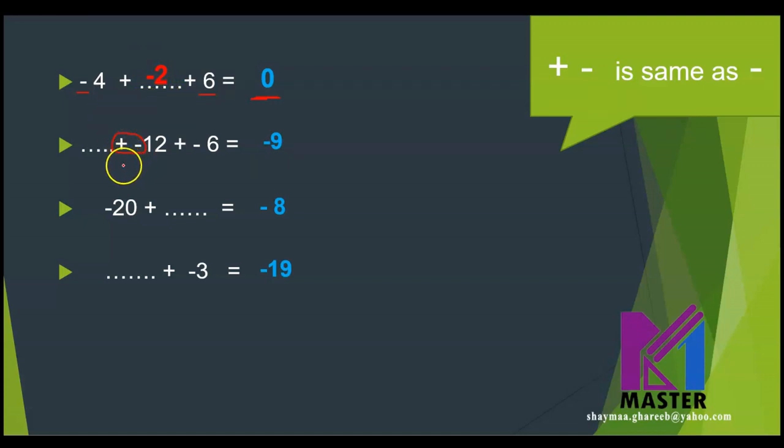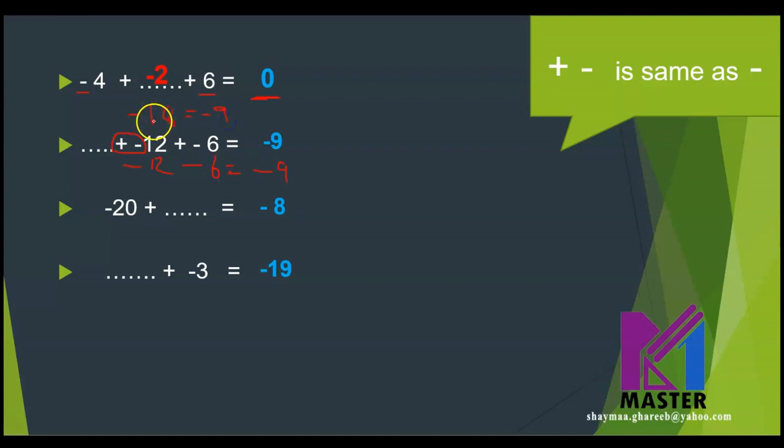Now I have -12 minus 6 equals -9. I need to find the missing number here. -12 minus 6 gives -18. So -18 equals -9.